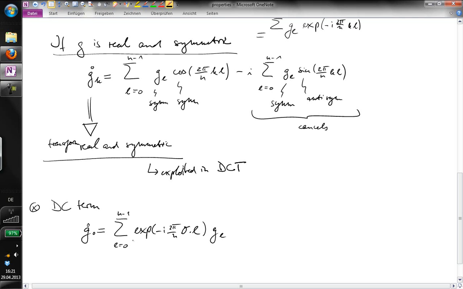Frequency 0 means this entire thing is always 1, and we hence have a summation over our entire signal. So the DC term, or the Fourier component at frequency 0, gives the sum of the signal.